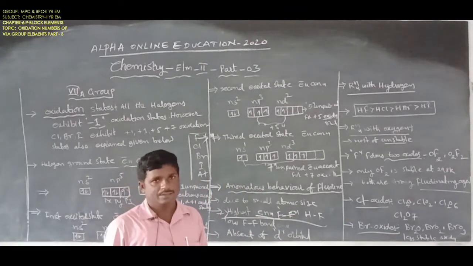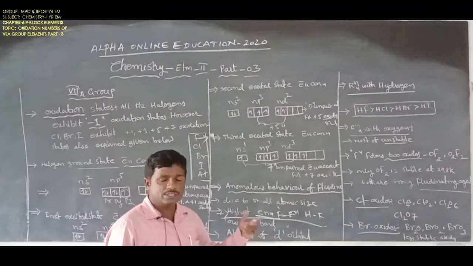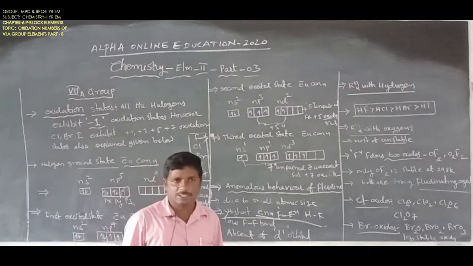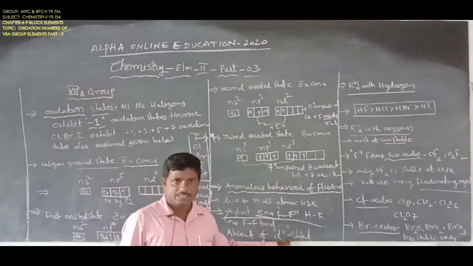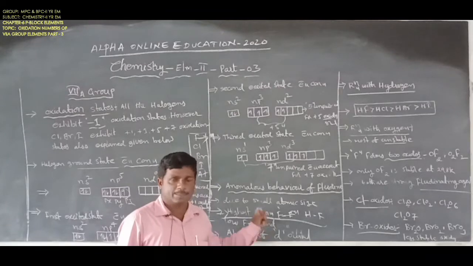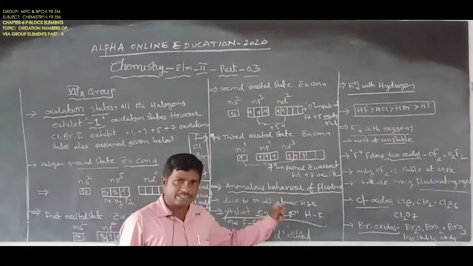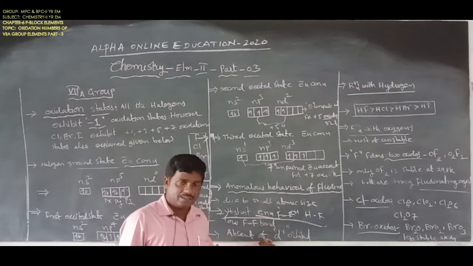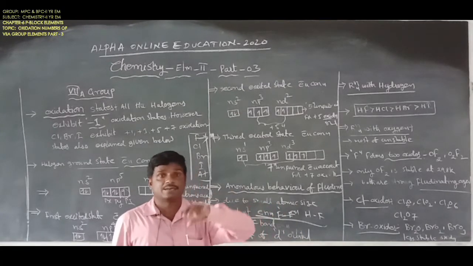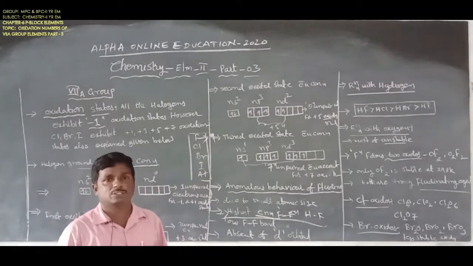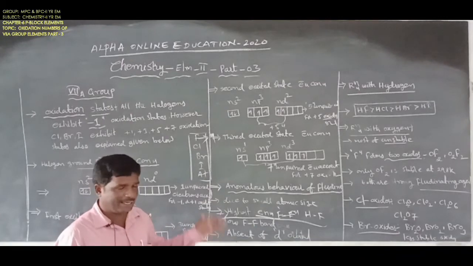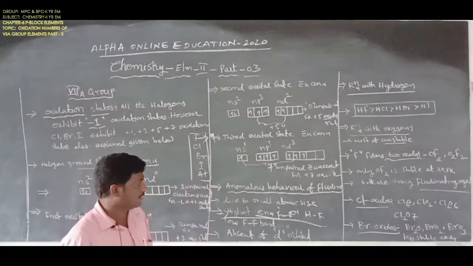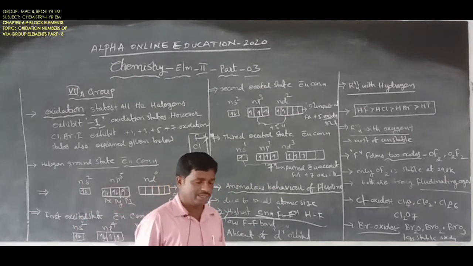So those are the anomalous properties of the fluorine atom.